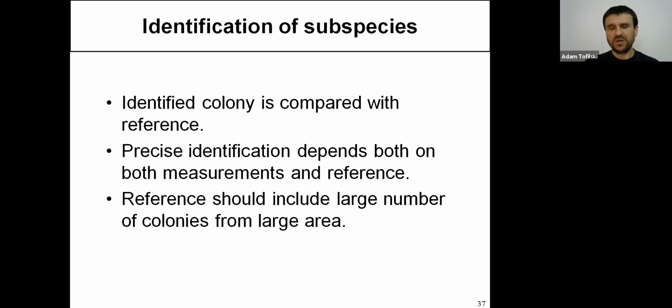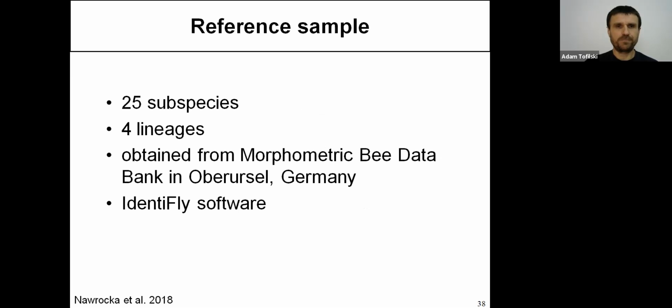For example, if you make such a reference for the United Kingdom, you should use colonies both from Scotland and from England and Wales. The reference sample which I use is from a large number, like 25 subspecies, 4 lineages, and they were obtained from Oberursel, from the Morphometric Bee Data Bank.